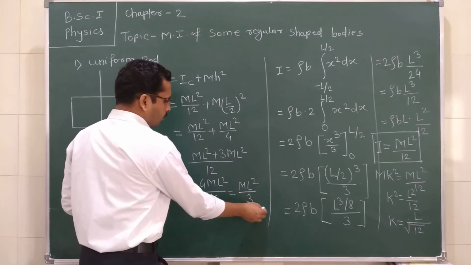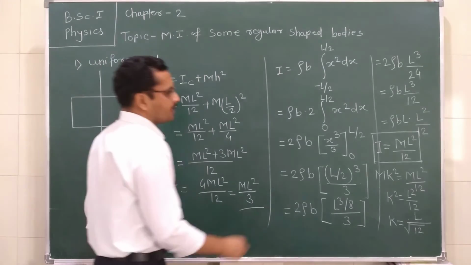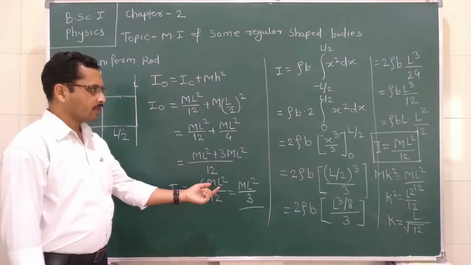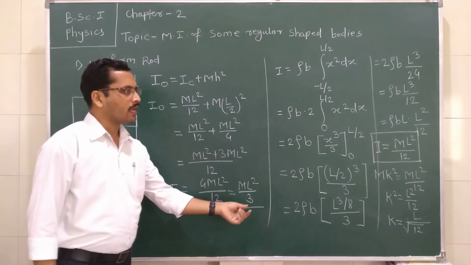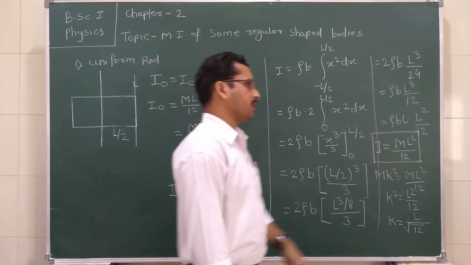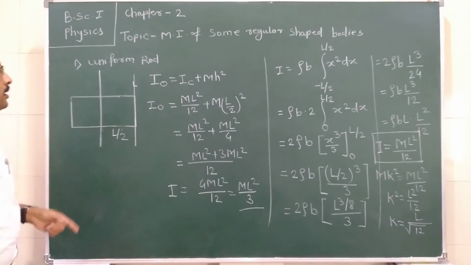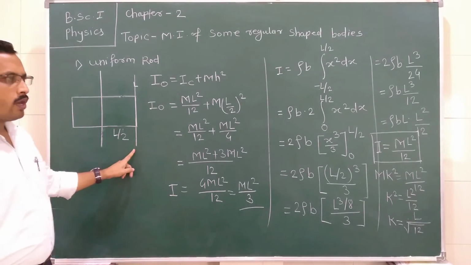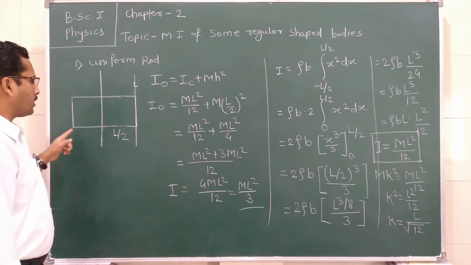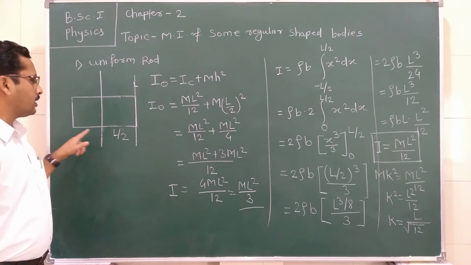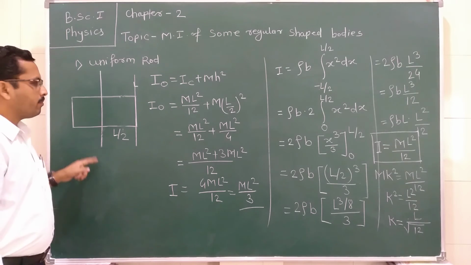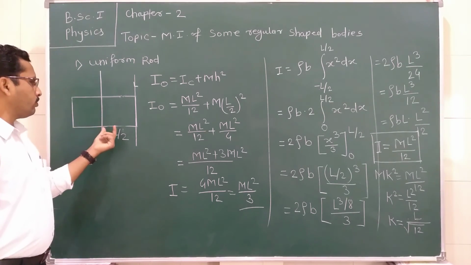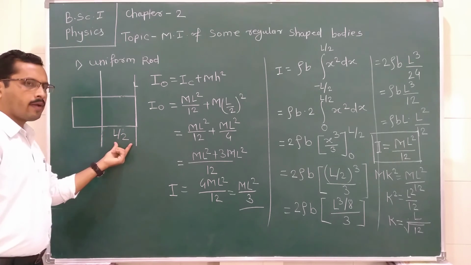As we compare the moment of inertia in this case and in this case, which moment of inertia is greater? This moment of inertia is larger than this moment of inertia. And why does such a case happen? This happens because when the axis of rotation passes through one end, the distribution of mass is along this length capital L. But if we consider the moment of inertia about this axis, the mass distribution will be shorter, about L by 2.